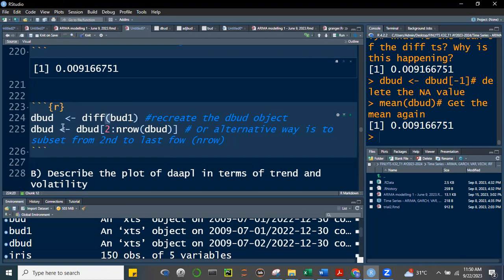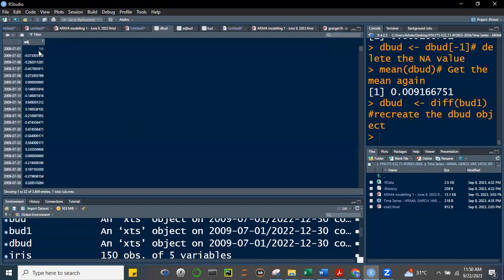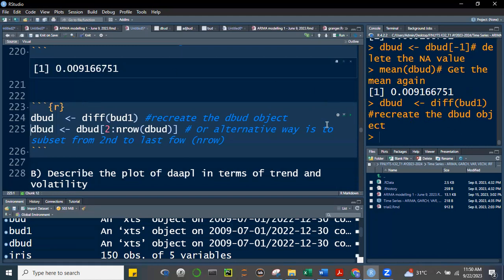Okay, let's recreate yung dbud natin, which is the difference of bud1. So if I create this dbud, it will restore the dbud with an NA. Kasi inulit natin process. So yung dbud which with no NAs will again be overwritten with a dbud with NA. Okay, I hope you understand that class.